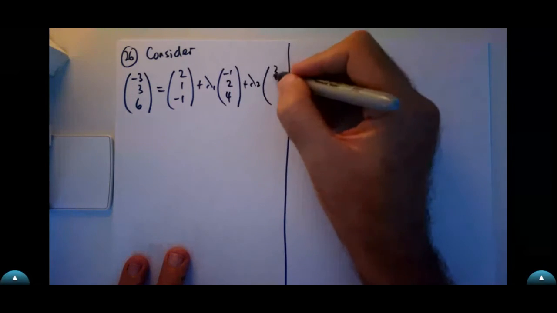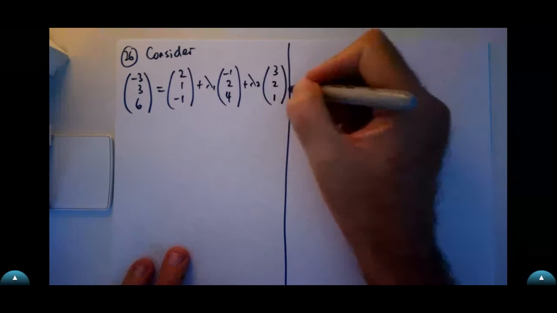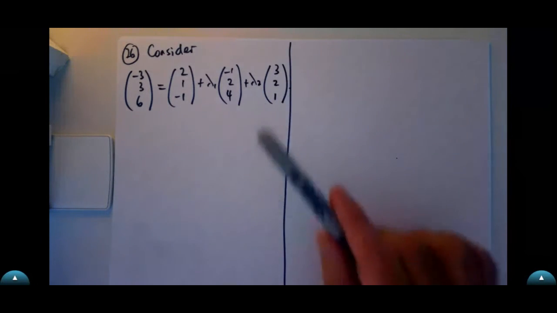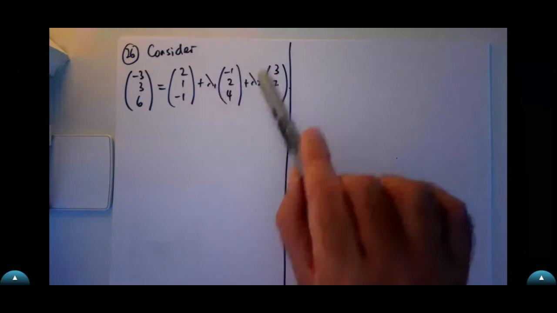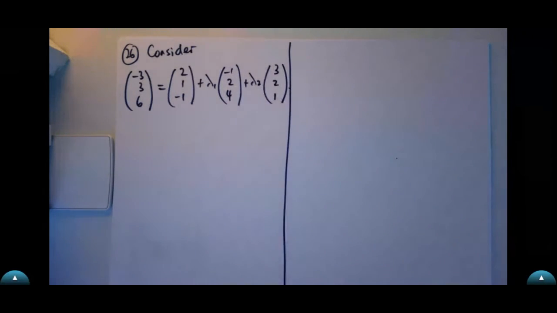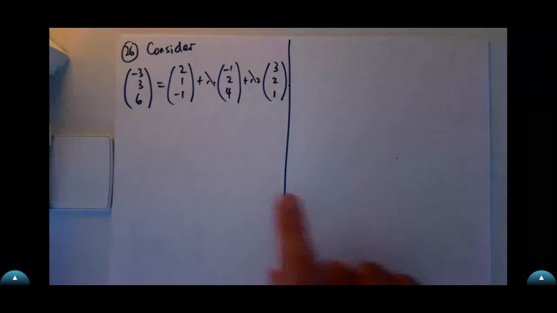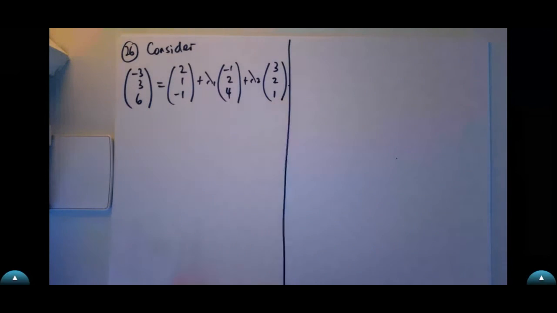Okay, so are there values of lambda 1 and lambda 2 that make this equation hold, that make this equation true? Okay, so what we need to do is get from this form to some sort of augmented matrix form.